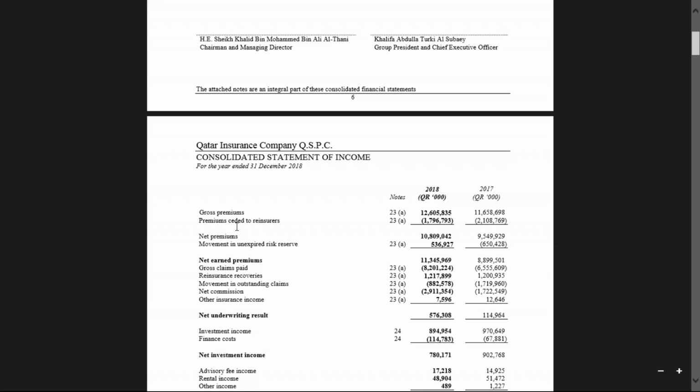Then the net premiums, where you are adjusting the gross premium for the premiums ceded to reinsurers, so what you have is a net premium. Then you have gross claims paid. So these are net earned premiums. Insurance, reinsurance recoveries, movement in outstanding claims. Net commission, other insurance incomes. So these are realized incomes, right? These are the incomes which you have actually got, which have come into your income statement.